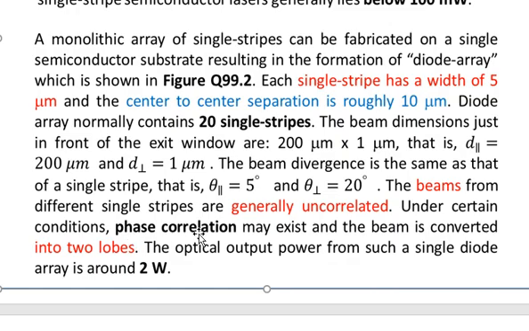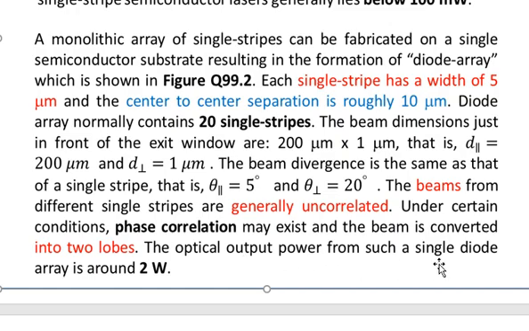So you see that this is a very special case, that a phase correlation may exist between some of the semiconductor single strip diodes. Under such a condition, because some of them have one value of a phase and the others have a different value of a phase, we can have two lobes in that case.